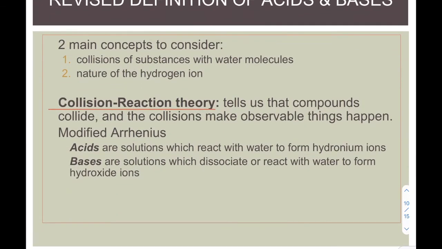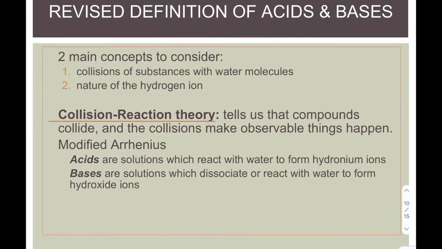All right, so our revised definition of acids and bases, that collision reaction theory keeps on coming up. So we need to think about this substance's reaction with water and then the nature of the hydrogen ion. Our collision reaction theory tells us that compounds collide and the collisions make observable things happen. Our modified Arrhenius theory is that a solution reacts with water to form hydronium ions.